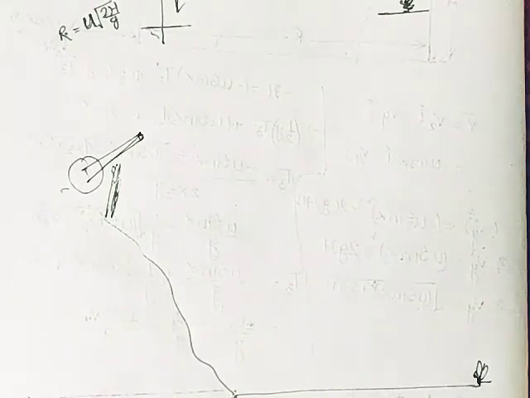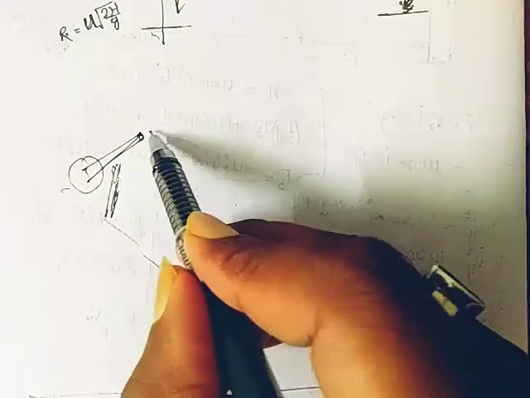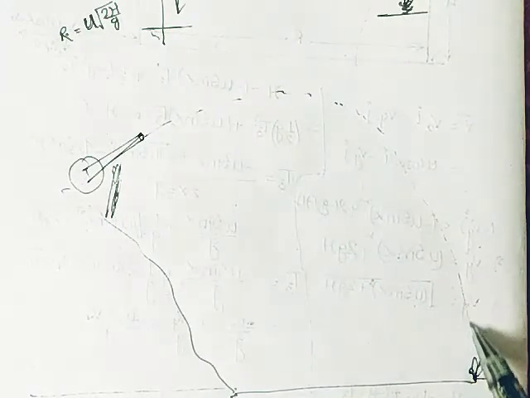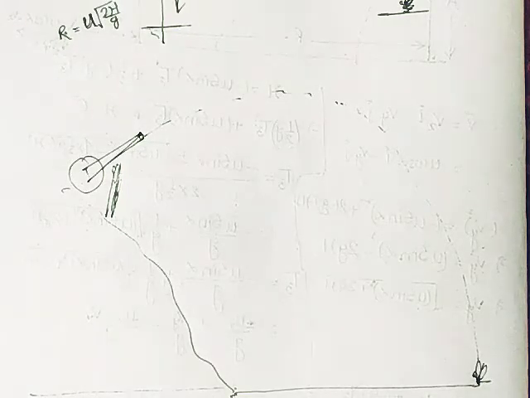If it wants to destroy the enemy base camp, then it has to throw this in this way, and this is just like the first case.